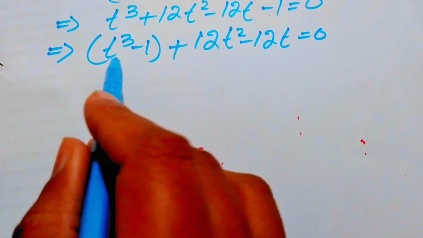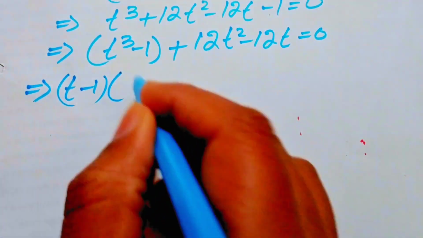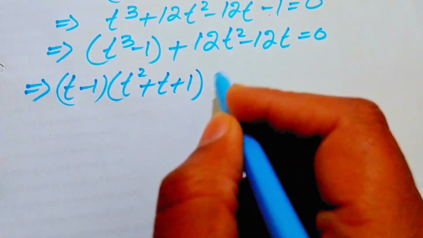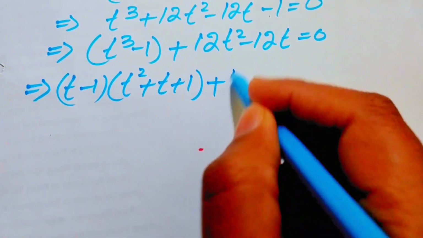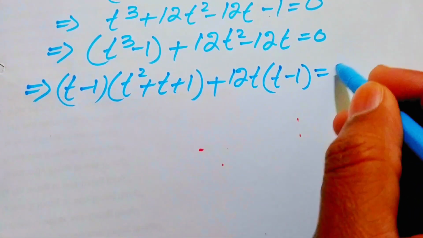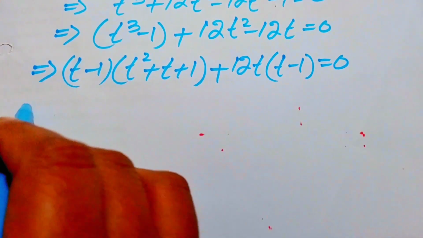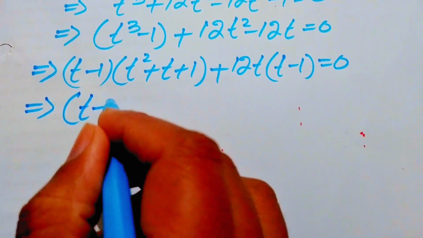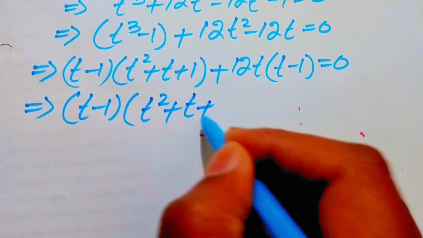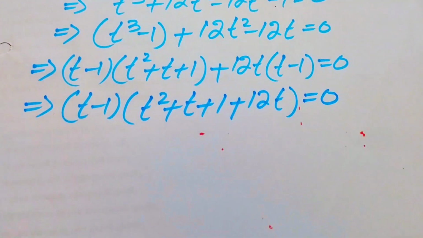So here we use the cubic formula, and you get (t minus 1) times (t square plus t plus 1), and plus we take common 12t on both of these terms, and we get (t minus 1) equals 0. So here you focus on these two terms, and you see that we have (t minus 1) as the common expression, and we get (t square plus t plus 1) plus 12t equals 0.